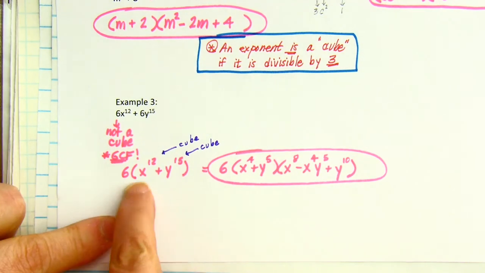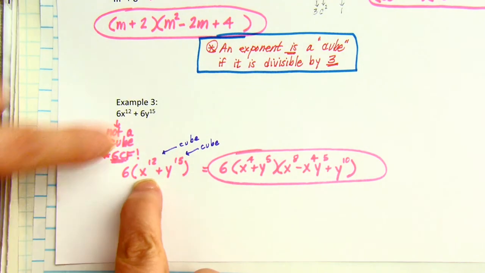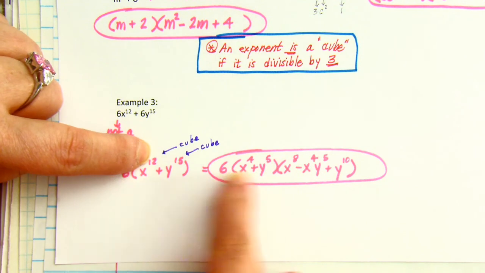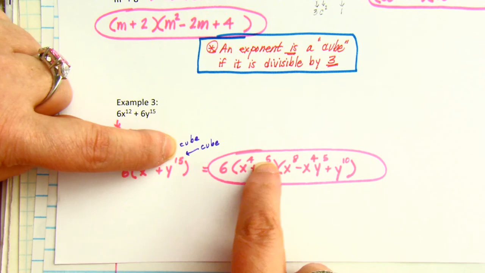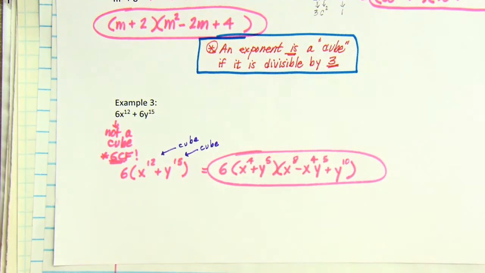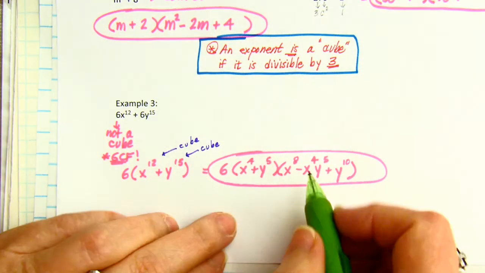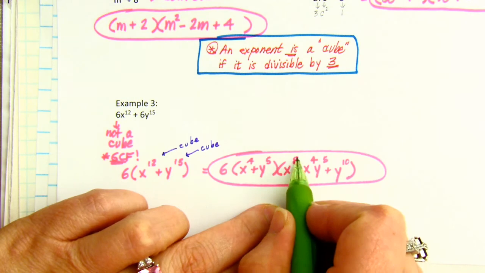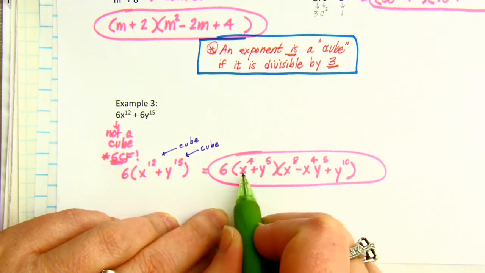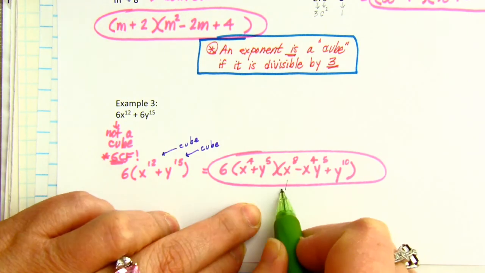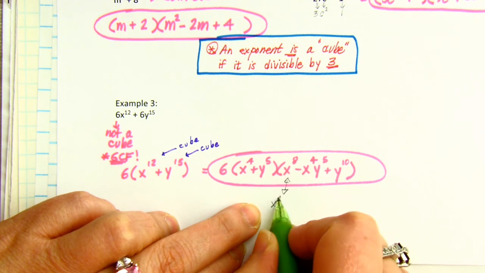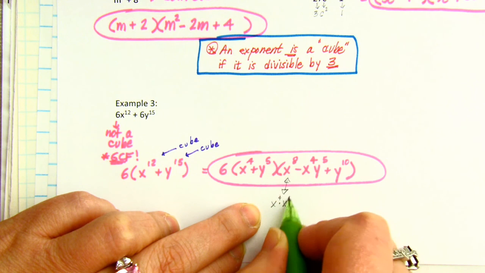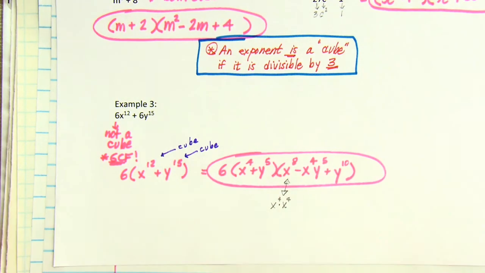Take the cube root of x to the 12th, which really means take this and divide it by 3, and you get x to the 4th, plus y to the 15 over 3, or y to the 5th. To get these terms, this is an 8, by the way, you do x to the 4th. This is x to the 4th times x to the 4th. Remember, when the bases are the same, you add the exponents.